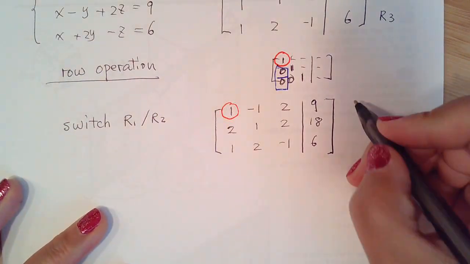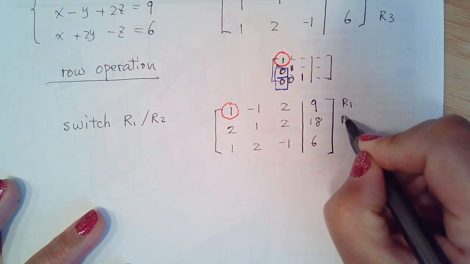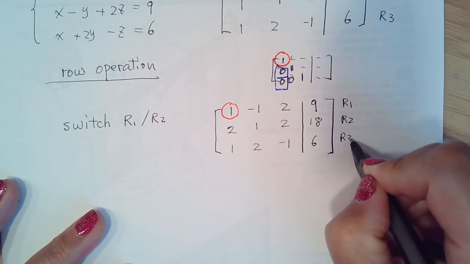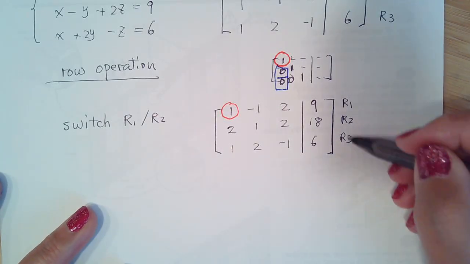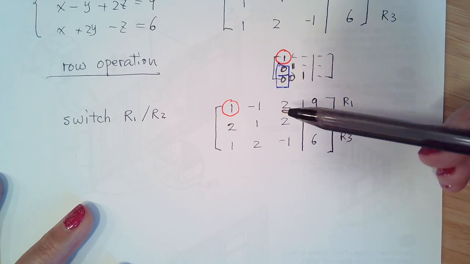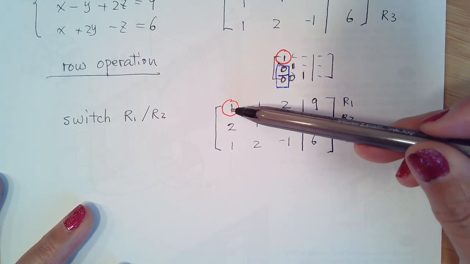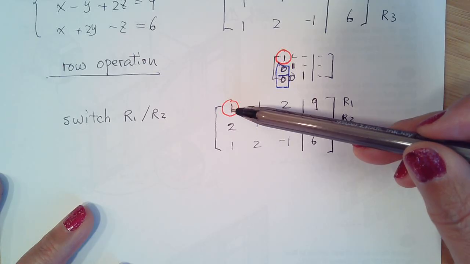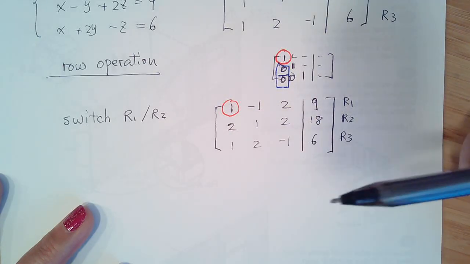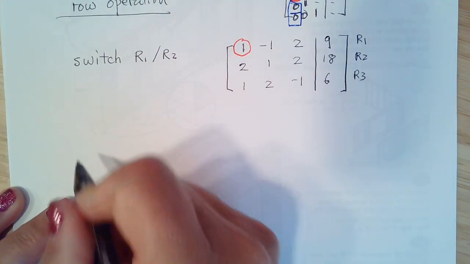So again, I call this R1, R2, R3. Don't worry, I already switched it, so we'll always start from the new one. So what I will do is go from here, use this one, multiply by -2 and add to that. This is the row operation I'm going to perform.